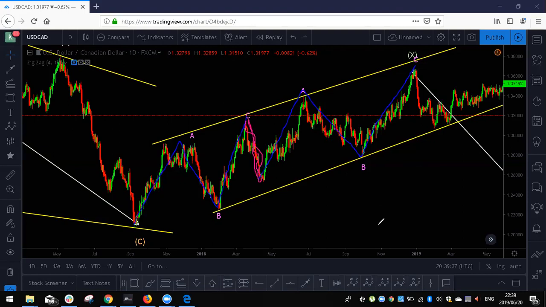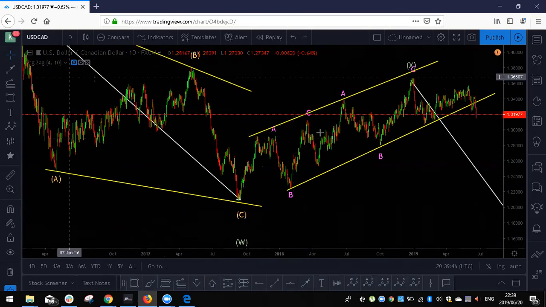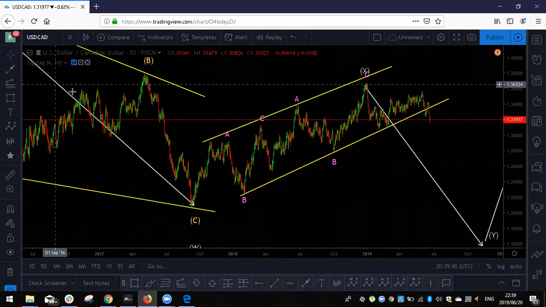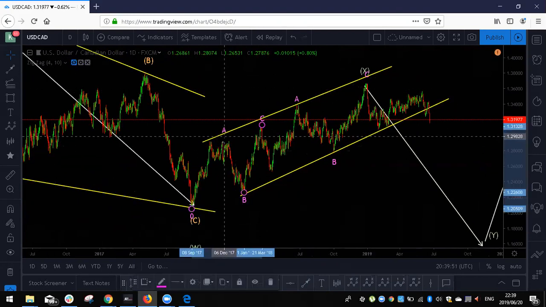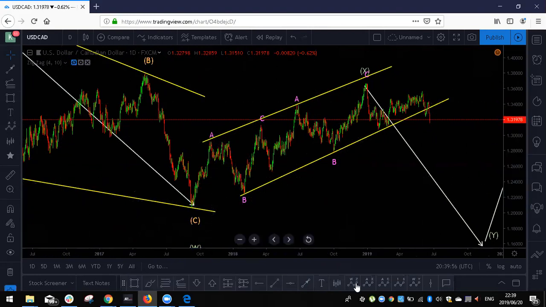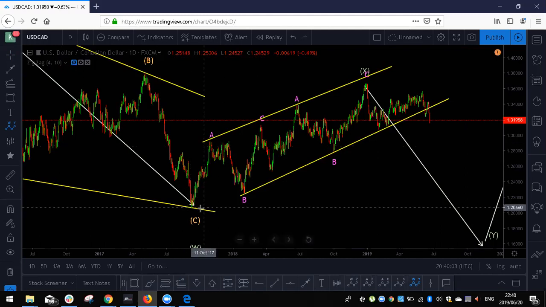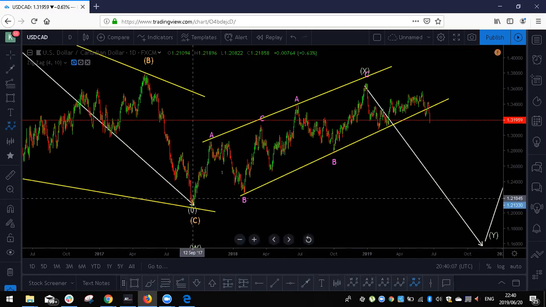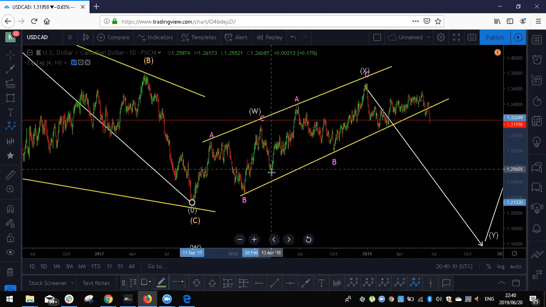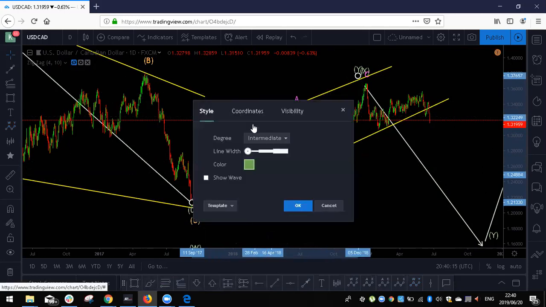Okay, let me clean this. So now, after this ABC, it looks like the count is done because I think we need another WXY, but for this inner structure. Because this WXY, the big one, is for the other impulse. But for this one, it needs to go like this: WX, and then the Y comes there. But let me change the degree.